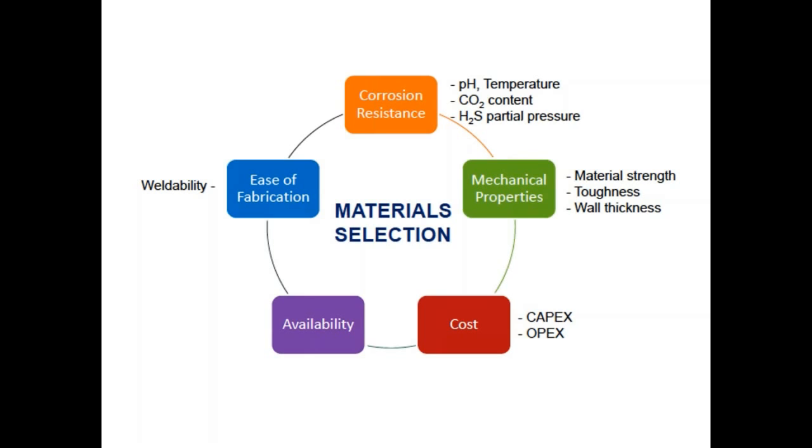And again, over time, you can have problems in terms of changes in the environment, whether it's increasing CO2 content or decreasing pH or higher H2S content. These things do change over time, and sometimes corrosion management is simply detecting the changes or changing the program as a reaction to these different parameters.